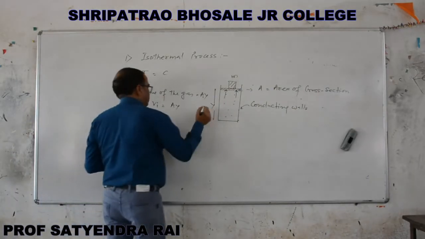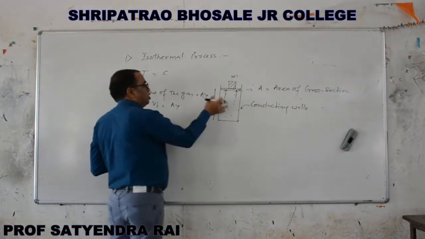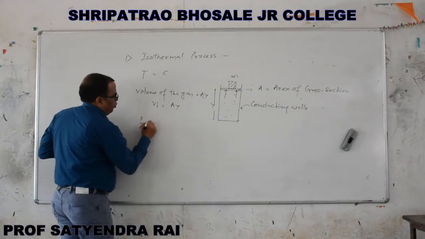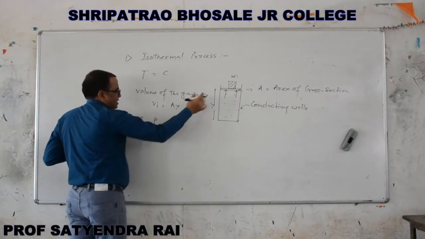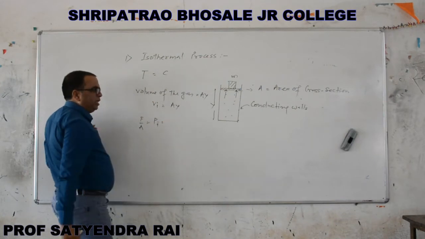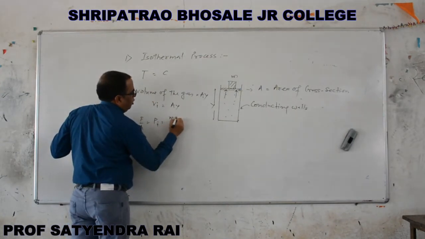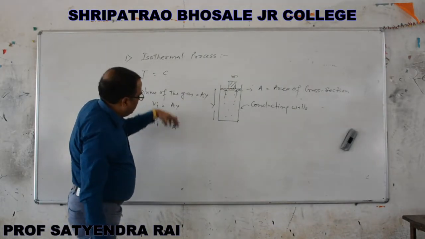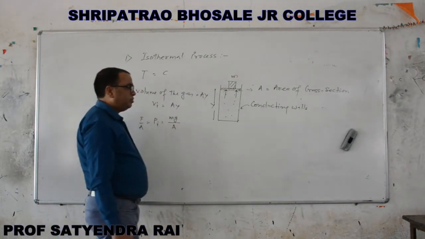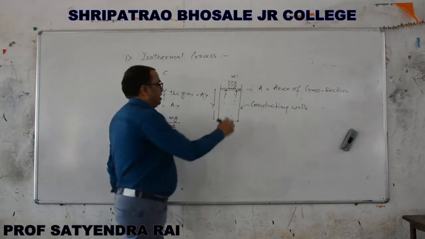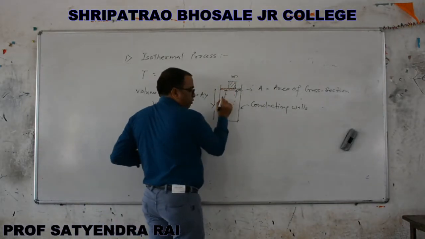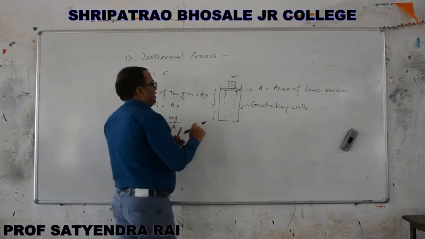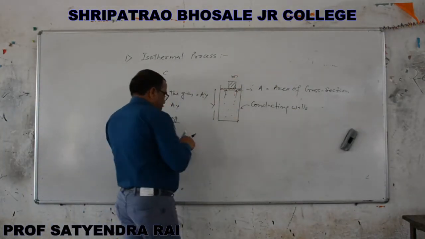That force per unit area is called pressure, F upon A, so the initial pressure P initial is obviously mg upon A. Now, if you gently place another block over the first block, what will you see?